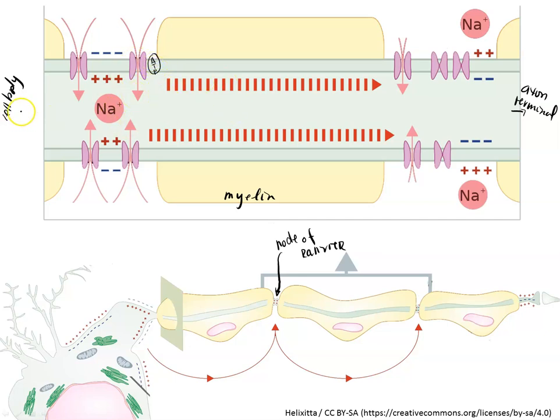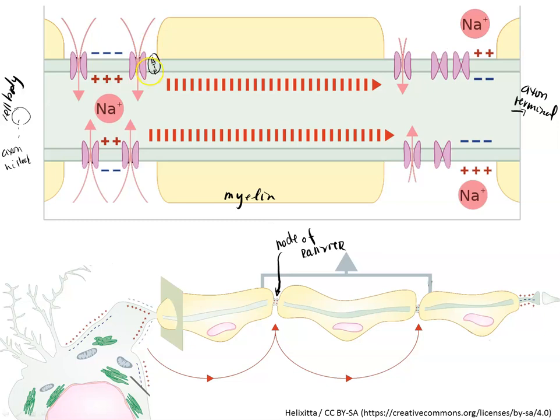The sodium potassium ATPase is going to constantly maintain that sodium gradient. So once the trigger zone, aka the axon hillock, propagates the signal down the axon, which is sodium rushing into the cell, all of these voltage gated channels are going to have a more positive charge in here.